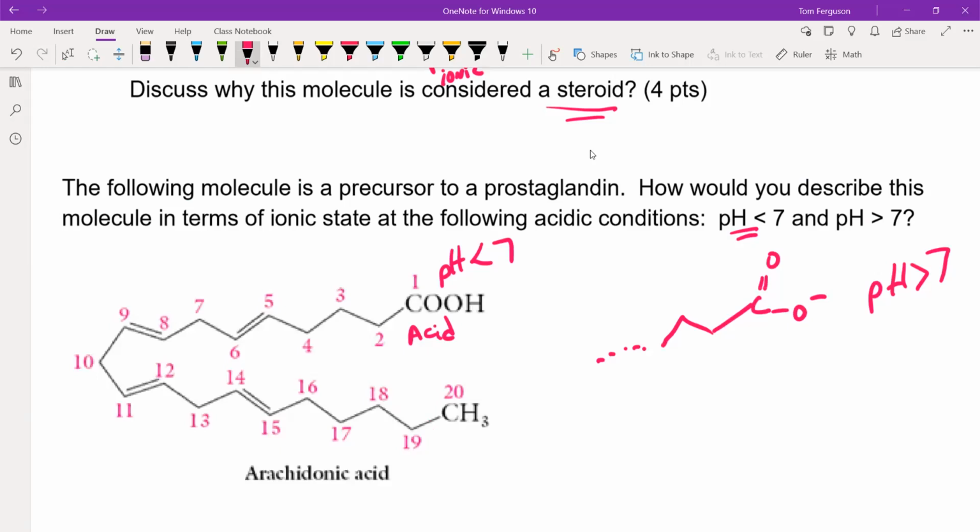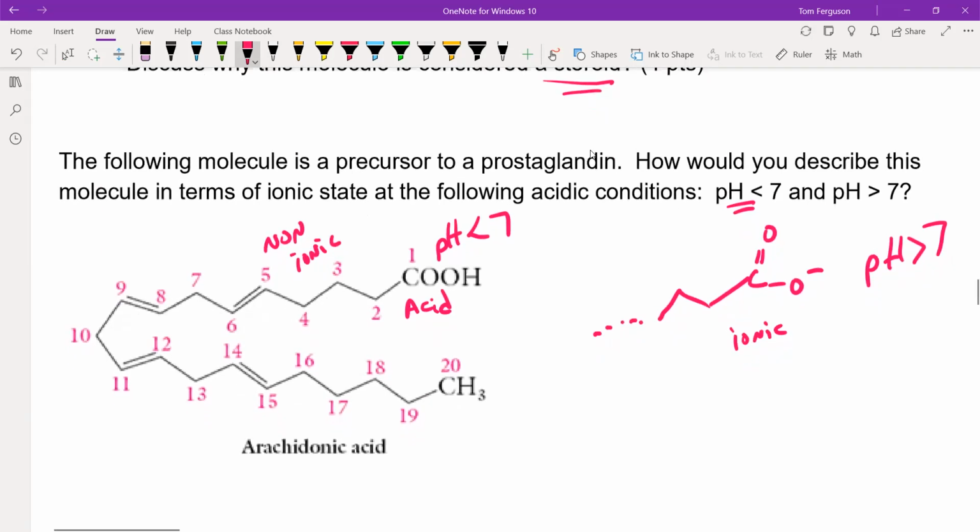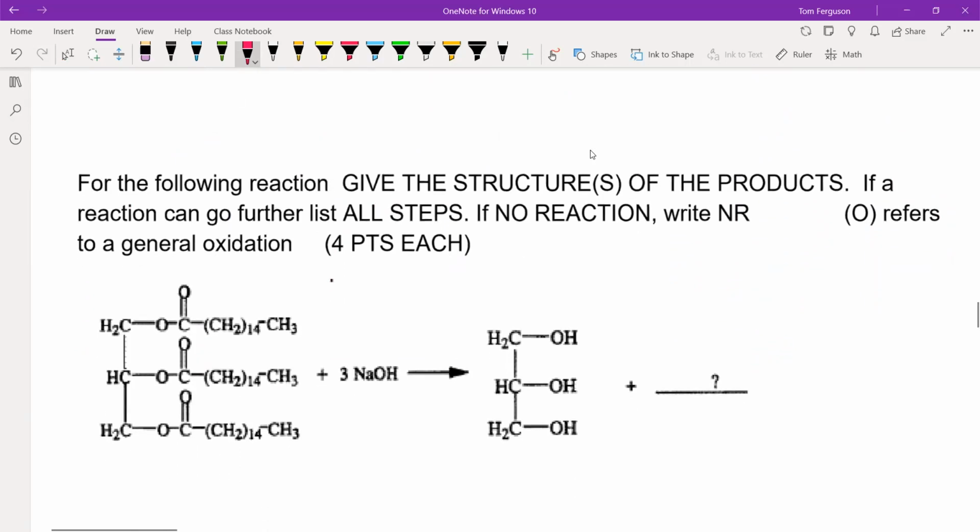So this would be non-ionic, and this would be ionic. So basically, you put an acid in alkaline conditions, it becomes even more ionic, more polar.